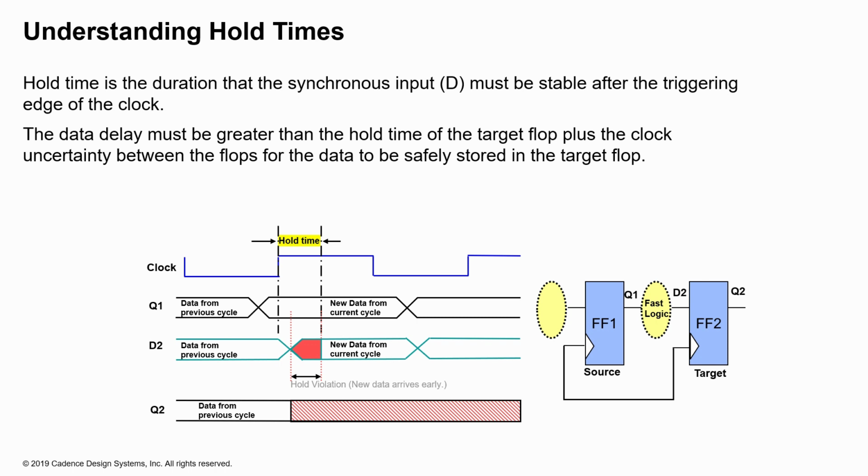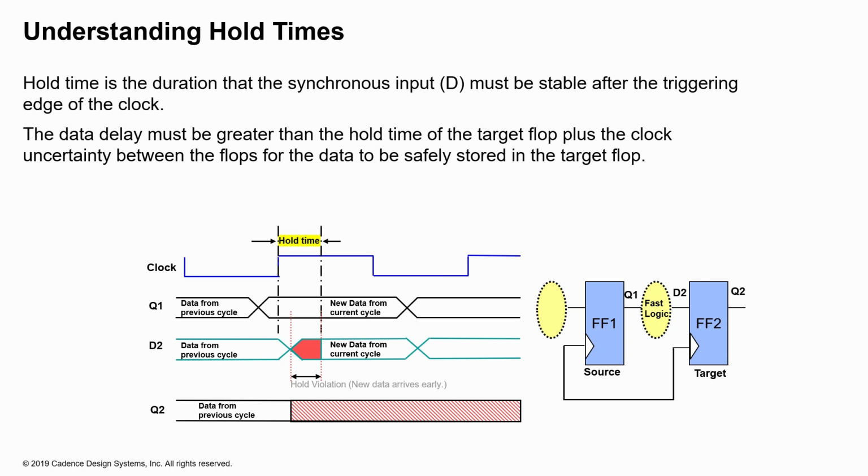And therefore, you can correct the hold violations by providing some data delay. You can either decrease your clock uncertainty in the design, or you can also add delay cells.